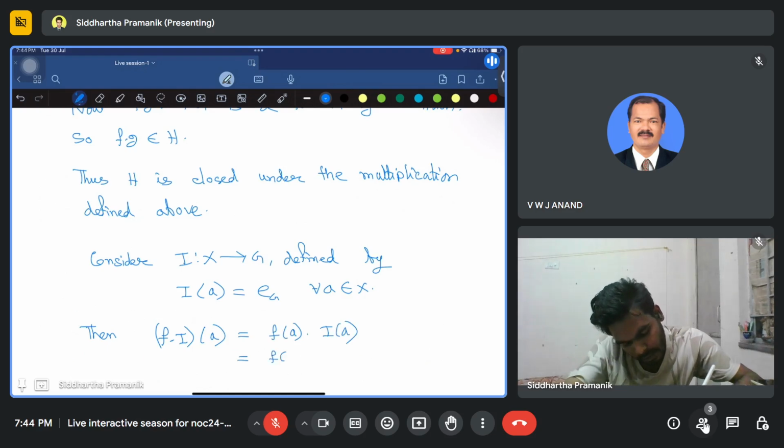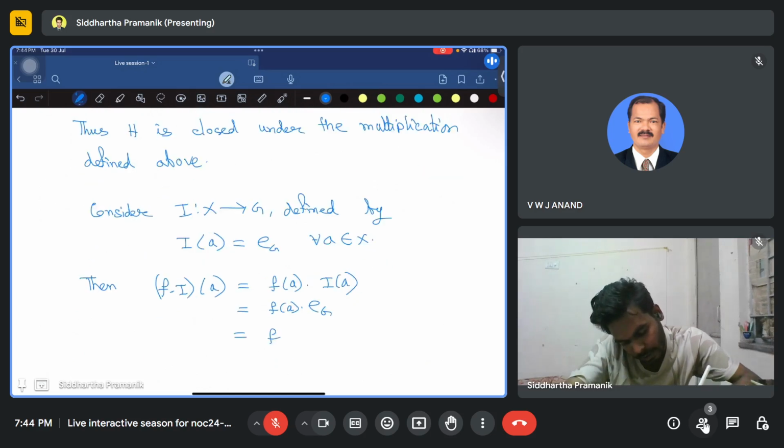This is the same as f of a times e of G. So this is the same as f of a, right? This holds for every a in the set X. So this means f dot I is the same as the function f.